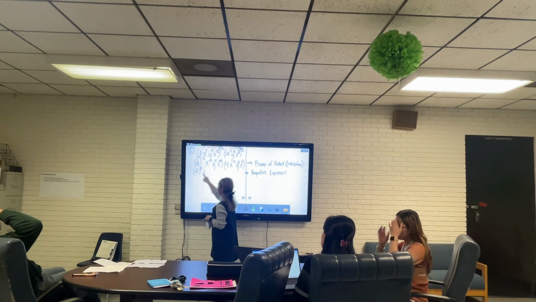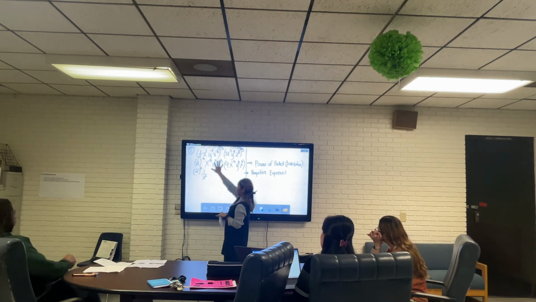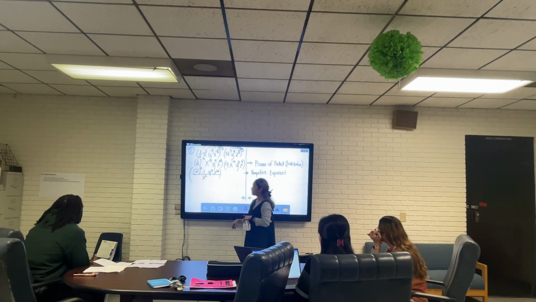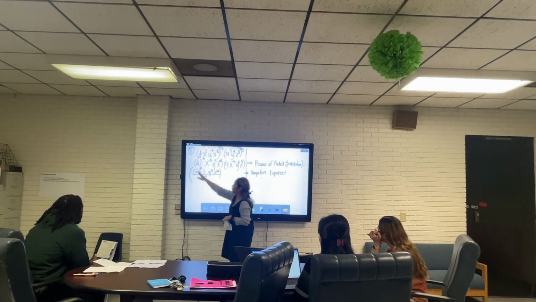This one, nothing to do because it's positive, so I'll just write it down. Or I can simplify everything, so all the positive will be in the numerator, and the negative will be in the denominator.